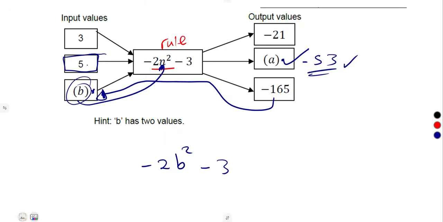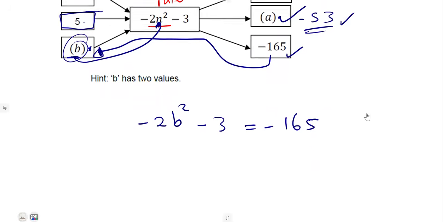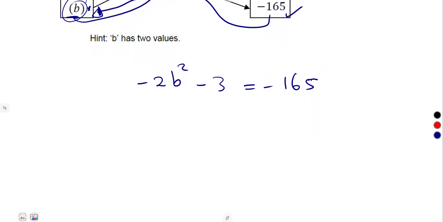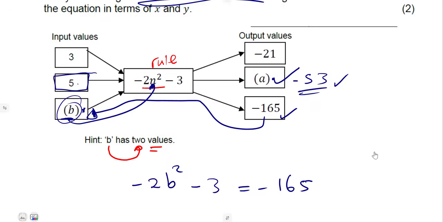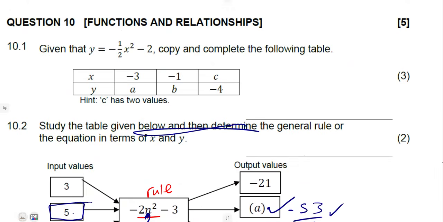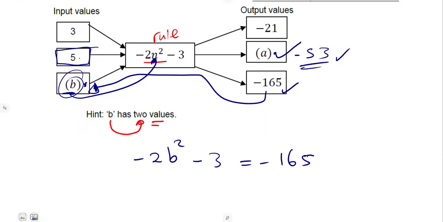Our output, which is the answer, we must get negative 165. It is an equation that you have formed. Solve for that. That is why they're telling you that b has two values, just like the previous case, because it was a quadratic type of equation where there was a square.